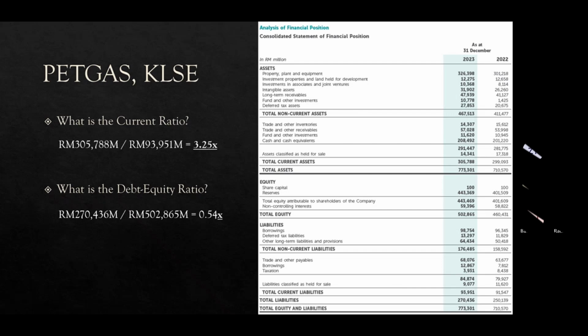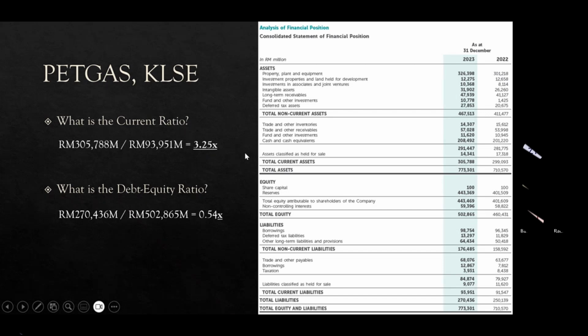Good or bad? Remember the formula: current assets over current liabilities. Is 3.25x good? It's good. Why? Because for every $3.25 of assets, I have a liability of only $1.